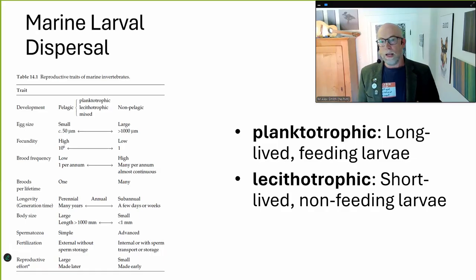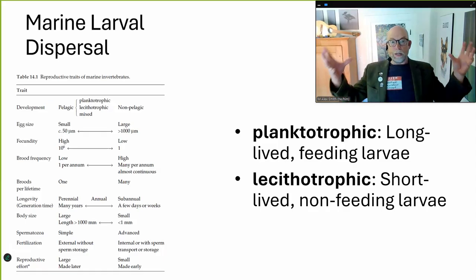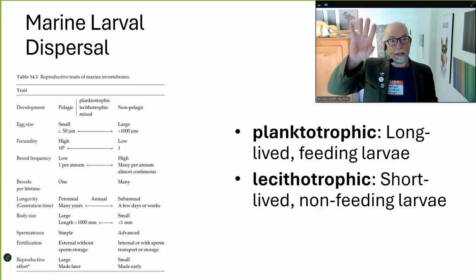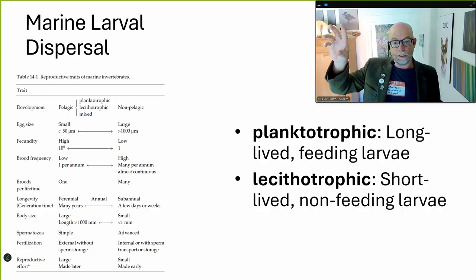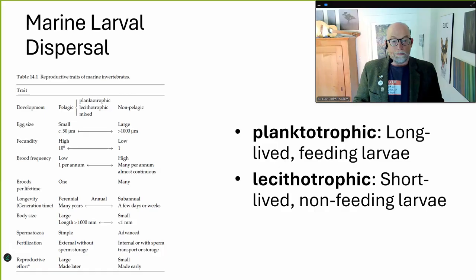And we've talked about how there are planktonic and non-planktonic larvae, and within the planktonic larvae there's a continuum between the planktotrophic larvae, long-lived and feeding larvae that tend to exist for a long period of time in the plankton, and lecithotrophic larvae that get a yolk and are short-lived and don't need to feed.